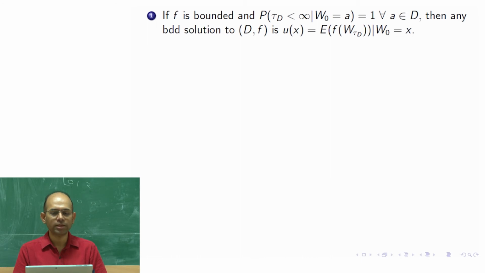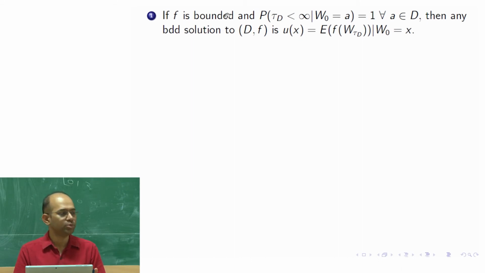So the probability that τ_D is finite, that means at a finite time it touches, is probability 1. This is true for the special case where D is bounded, but we are not assuming D is bounded here. We are just saying, let us assume our D is such that this is true. Perhaps some other unbounded domain may also satisfy this condition, correct? So we are allowing that scope, and also we are assuming f is bounded.